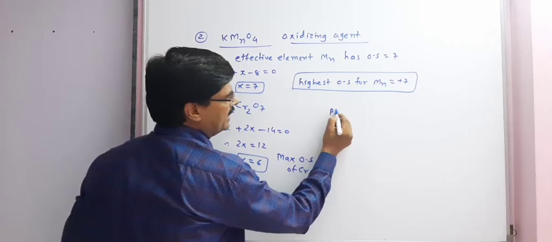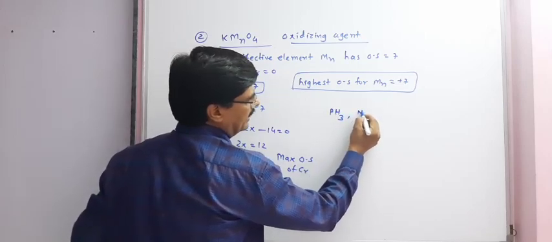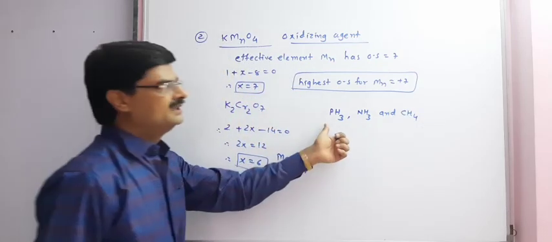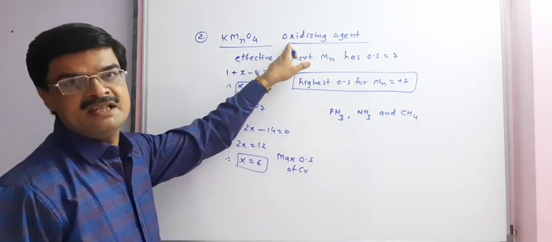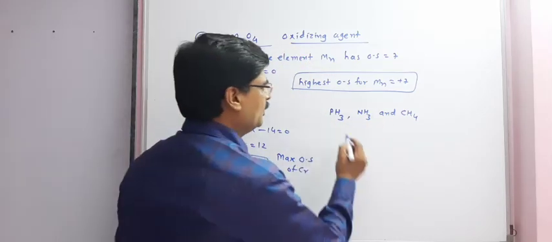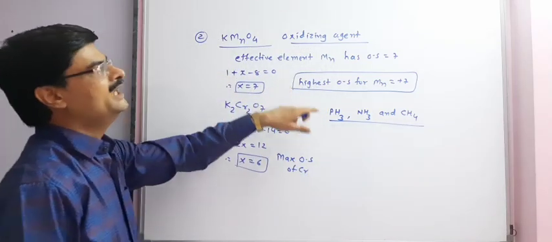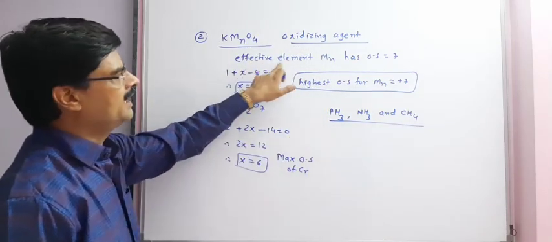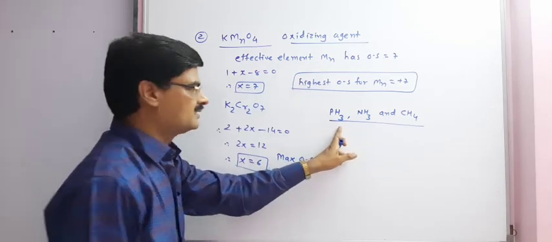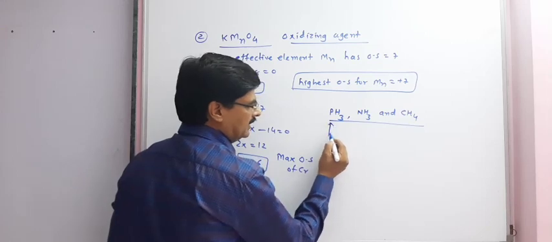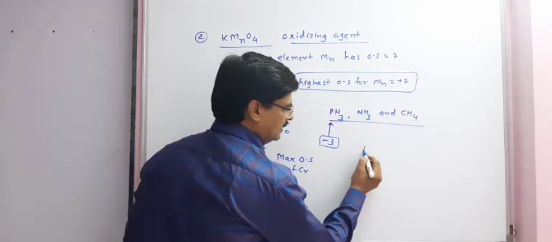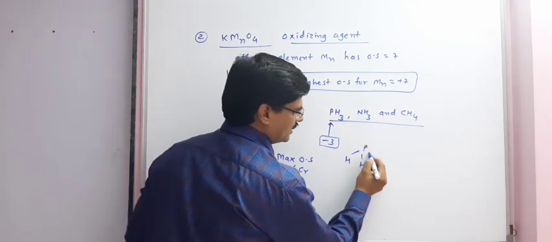Now, PH3, NH3 and CH4: whether they behave as oxidizing agent or reducing agent, how can we confirm this? For this we have to find out the minimum oxidation state. Here we will find the minimum oxidation state. In PH3, P has oxidation state minus 3. How minus 3? Simply by drawing the structure.